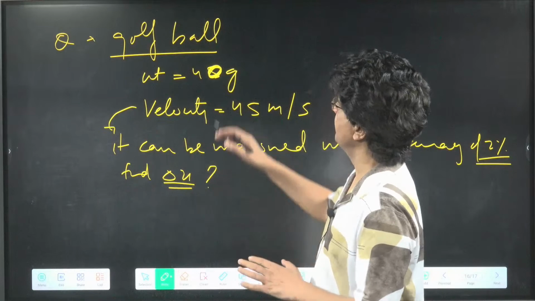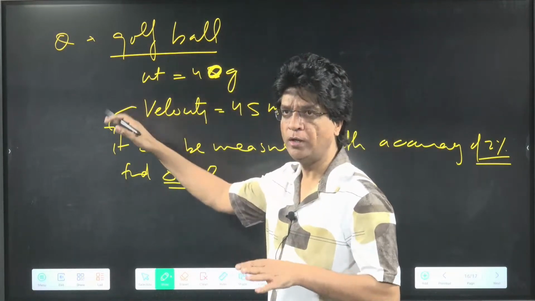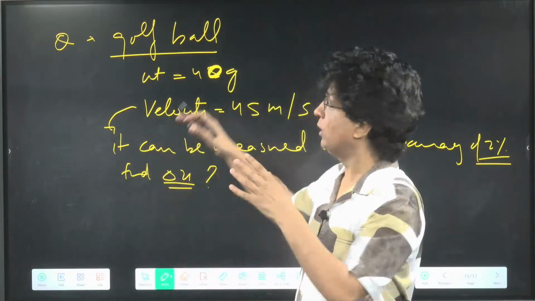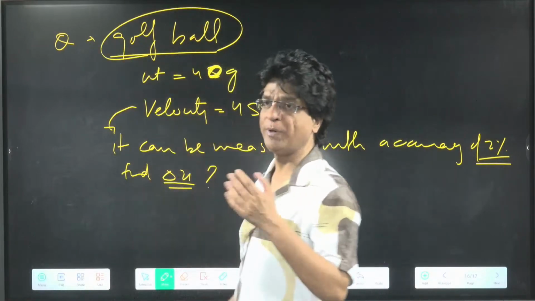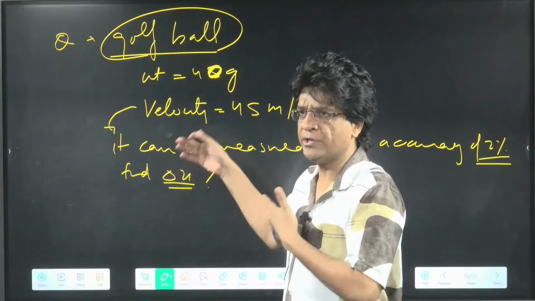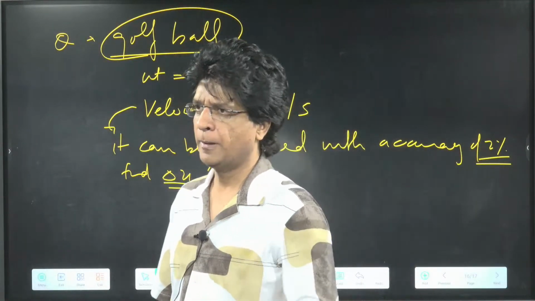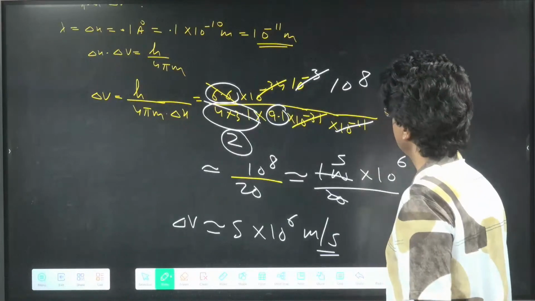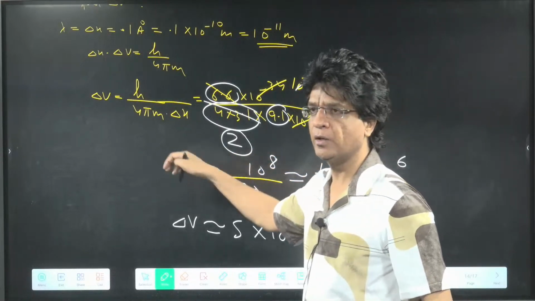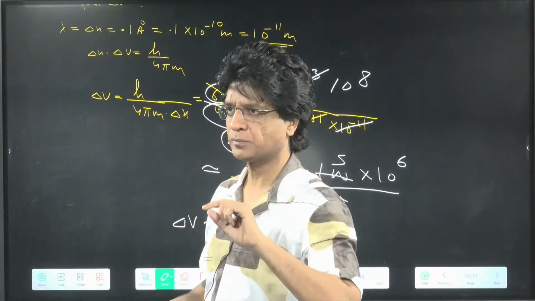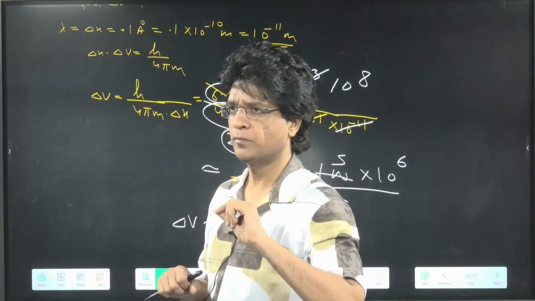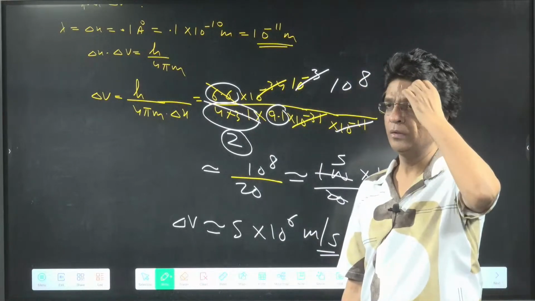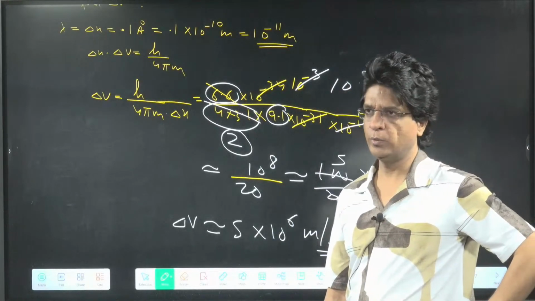What I'm saying is we'll be doing a question on a golf ball. A golf ball is a macroscopic object, and you have told me that all these things are not valid for macroscopic objects. So let us see why it is not valid.